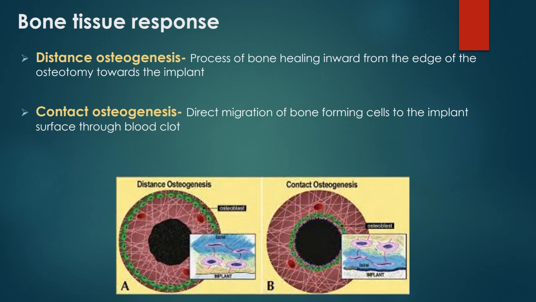Okay, we prefer to have contact osteogenesis when we're placing an implant, but that doesn't mean we can't do immediate implants. No, we still have bone formation, but healing is different. It takes slightly longer, and we have to take into consideration the type of implant placement.